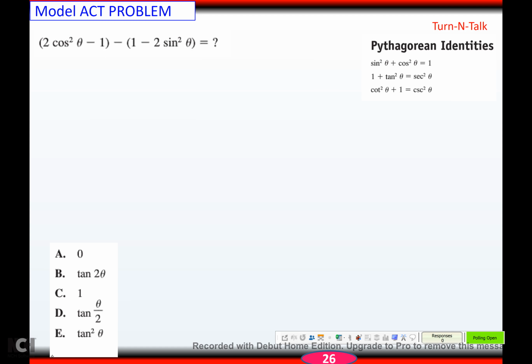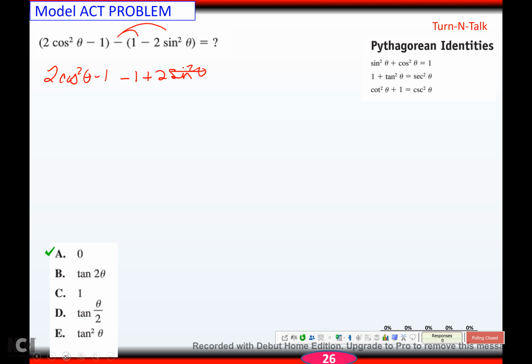Alright, try this one. Hit pause. Come back when you're ready. Alright, I'm going to distribute this negative, so that gives me 2 cosine squared theta minus 1 plus 2 sine squared theta.